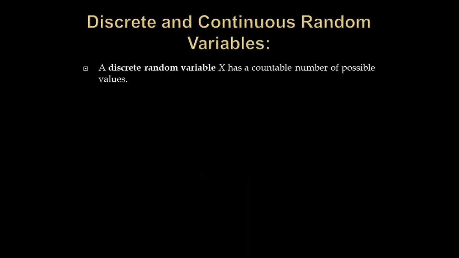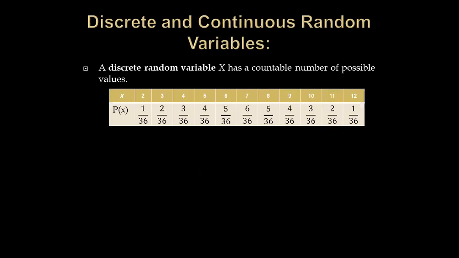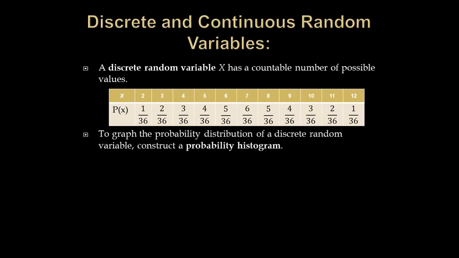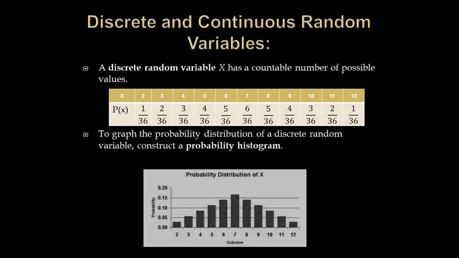A discrete random variable x has a countable number of possible values. As you can see here on this example, our x now is a representation of real numbers, where each real number has its respective probability. To graph the probability distribution of a discrete random variable, construct a probability histogram.